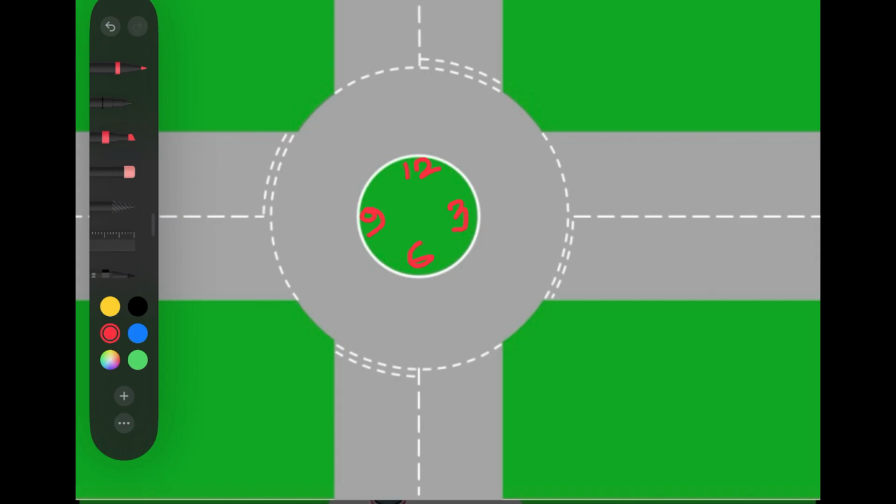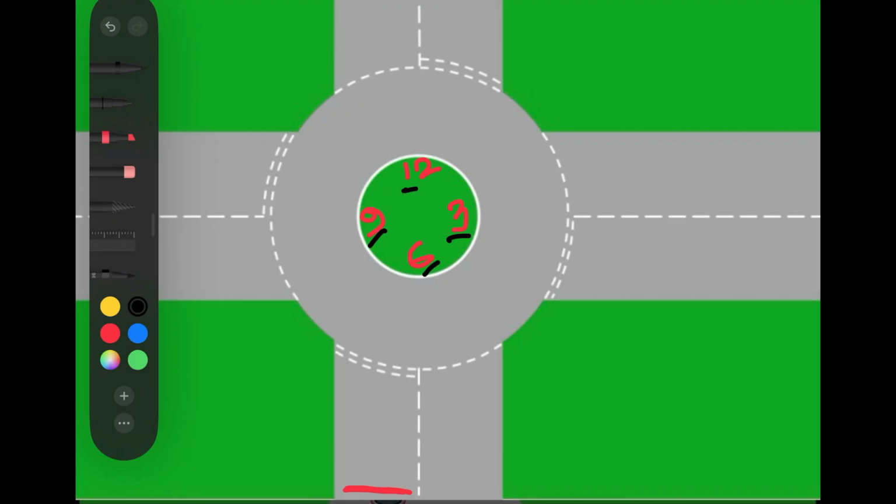You always come from 6 o'clock. Now, if you're turning left, that would be 9 o'clock. If you're going straight, 12 o'clock. If you're turning right, 3 o'clock. And then you come back to the fourth exit, which is again at the 6 o'clock position.